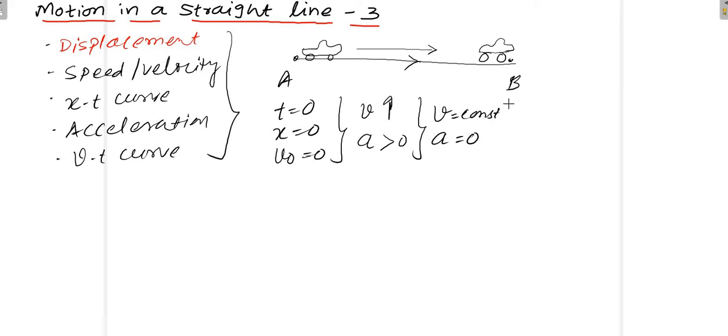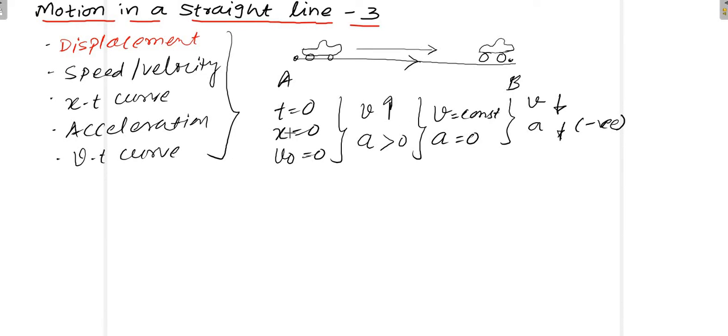So at that time velocity reduces, acceleration is negative, and ultimately we stop, right? So this is a common motion we come across every day, whenever we move from one place to another place.